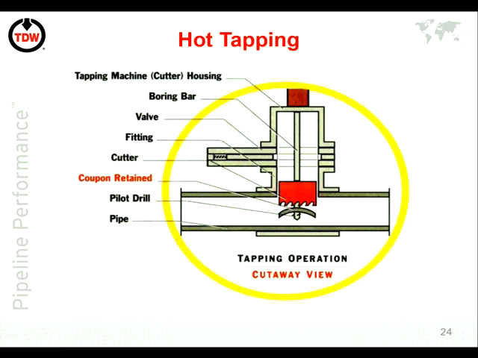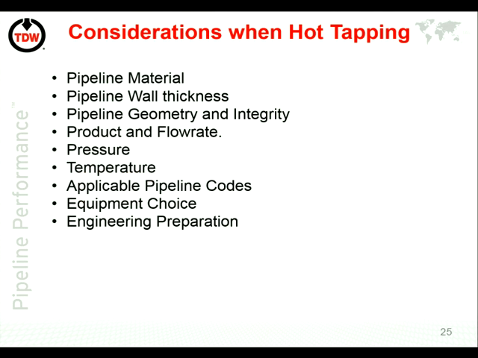So again, considerations you've got when you do a hot tap. Pipeline material is the first one. You have to ensure that the pipeline material is acceptable for hot tapping. Pipeline wall thickness comes more into it. If you're going to start welding on fittings, you have to ensure that it is thick enough to accept a welded fitting, and that will influence your welded fitting as well.